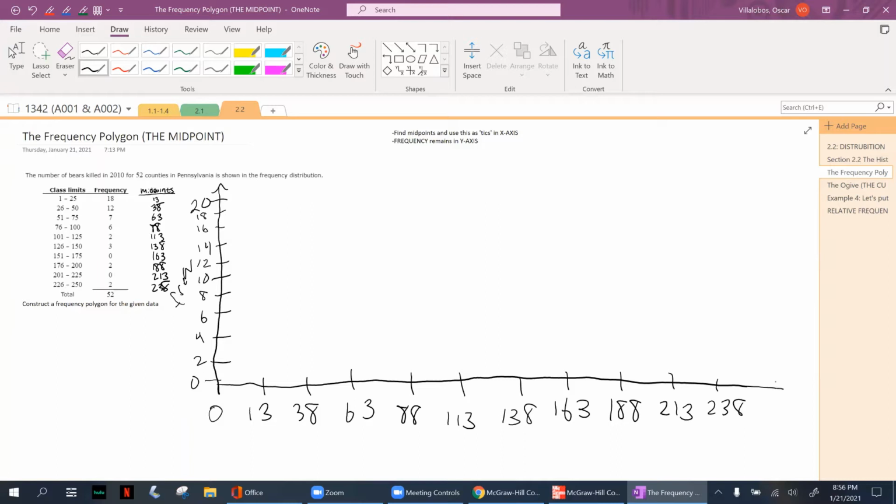I have them all listed there. And this is going to be a dot and line graph, so it's not going to be a bar graph.